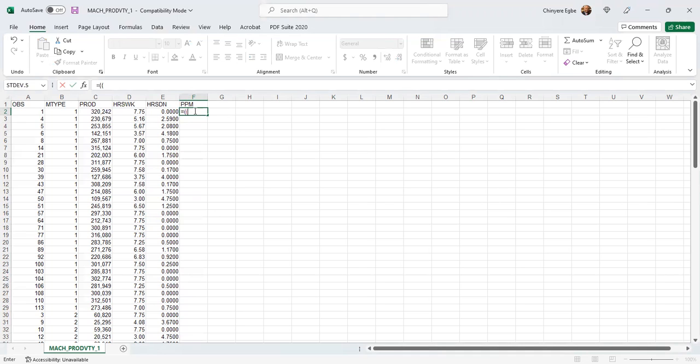You're correct. Okay, so we're going to say equals C2 over D2 times 60.